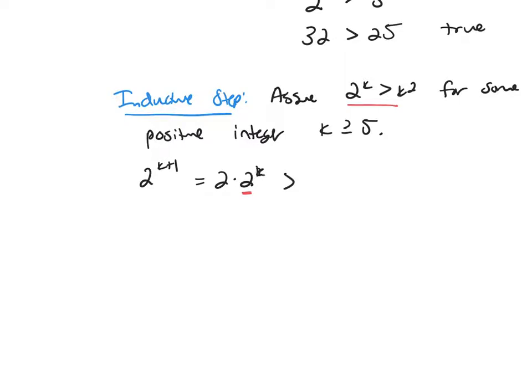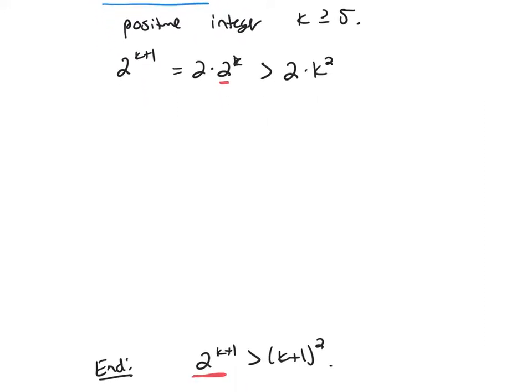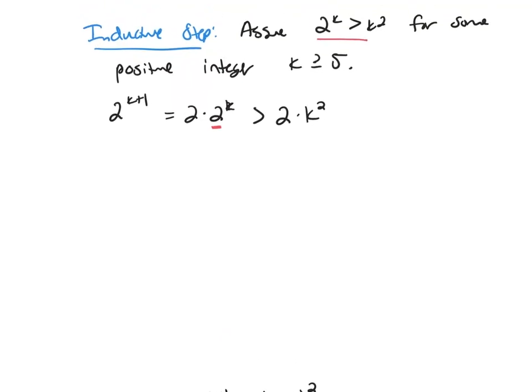So this is greater than 2 times k squared. And so in the end, right, I need to show that this thing is greater than k plus 1 squared. That's what I'm trying to work to.